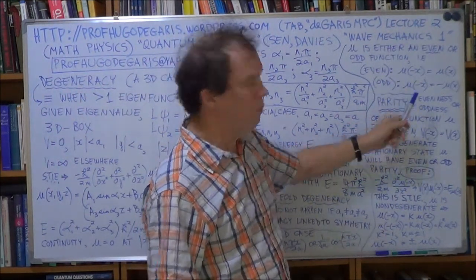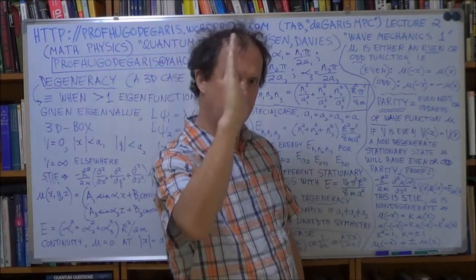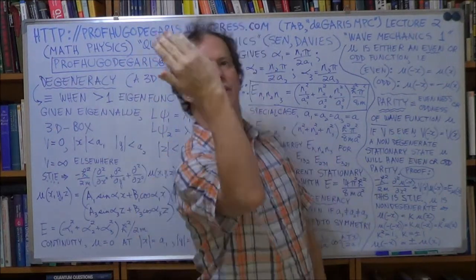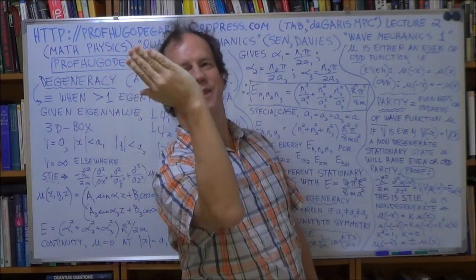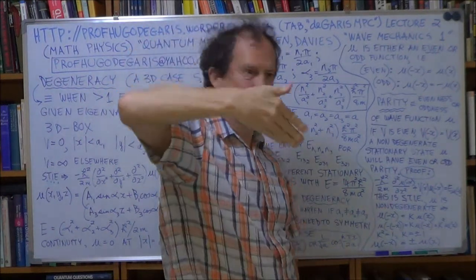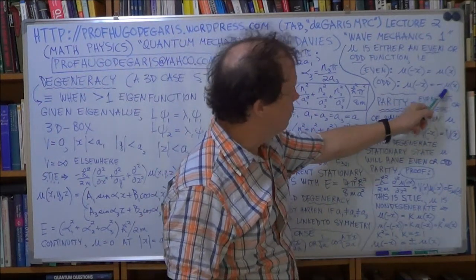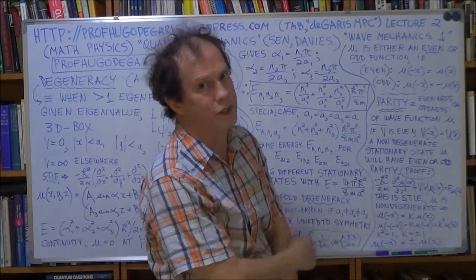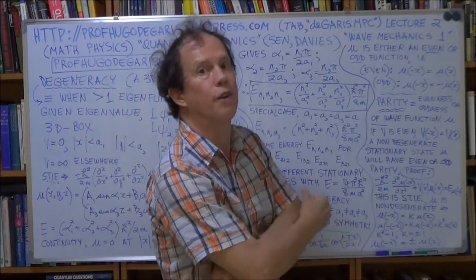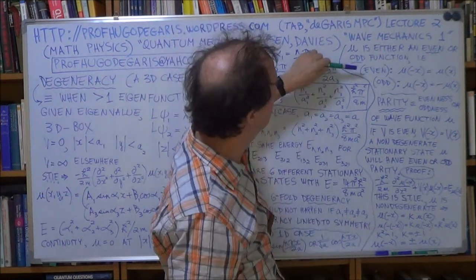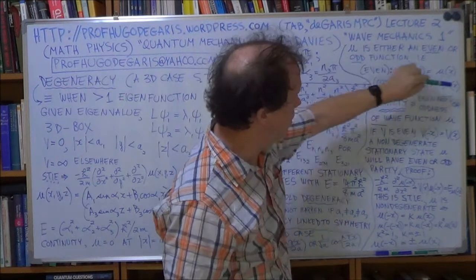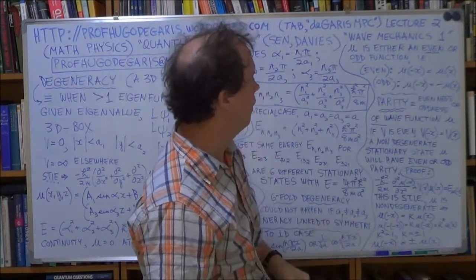But if when you flip it, you make it minus, so if u of minus x is minus u of x, that function by definition is said to be odd, an odd function. Okay? So that's the definition of an even function. That's the definition of an odd function, right?